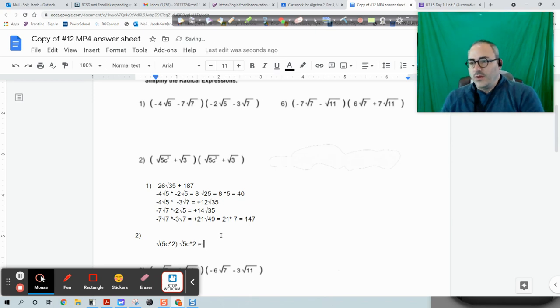Okay, let me break this down. What I really have is radical 5 times radical c squared. That's what each one of these pieces is. Radical 5c squared is the same thing as radical 5 times radical c squared, and then I'm multiplying that by radical 5 times radical c squared.